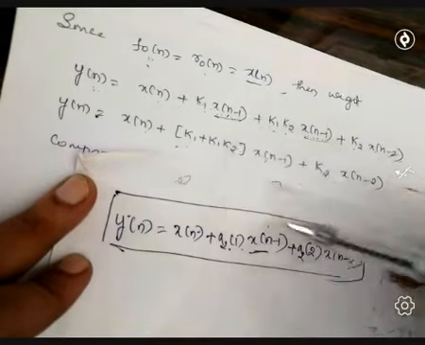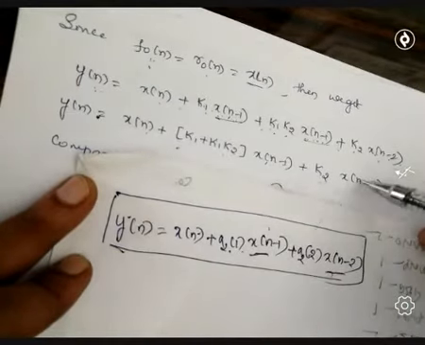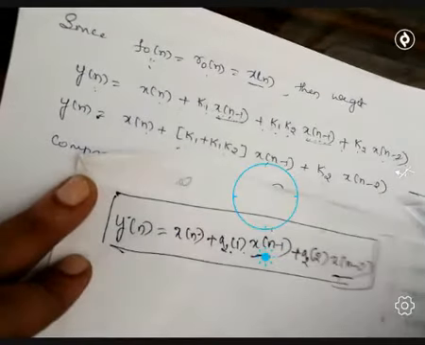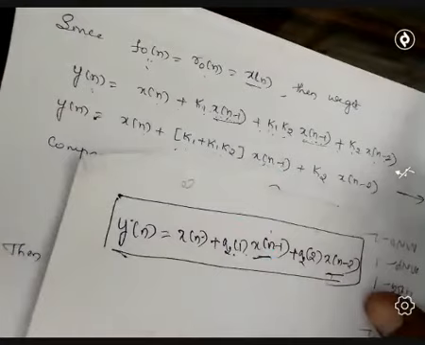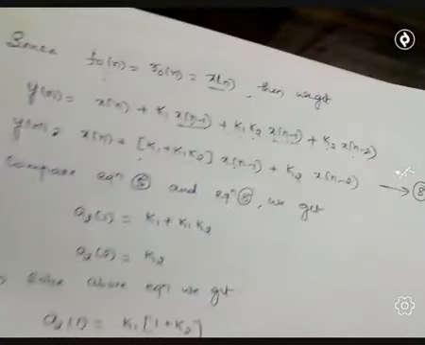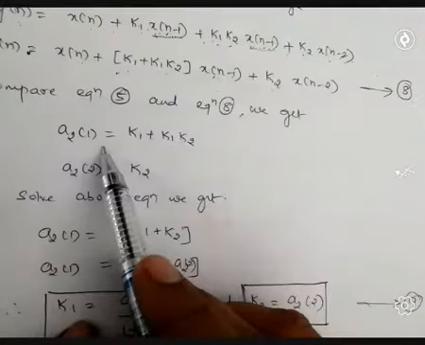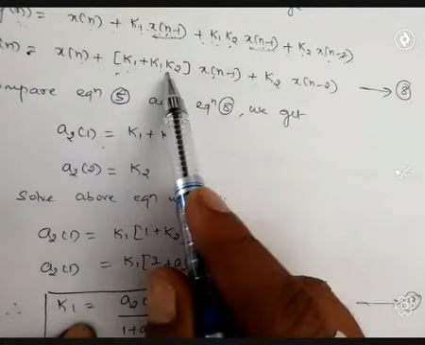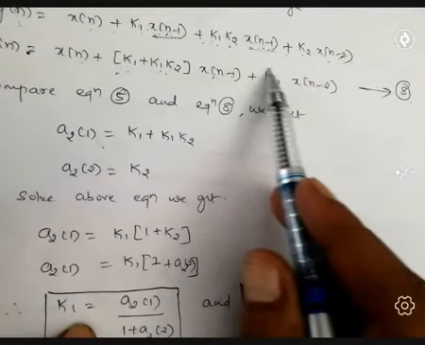Similarly x of n minus 2 is there, here also x of n minus 2 is there. Coefficient of x of n minus 2 is k2 here, and a2 of 2 there. By comparing these two equations, we write a2 of 1 equal to k1 plus k1 k2 and a2 of 2 equal to k2.